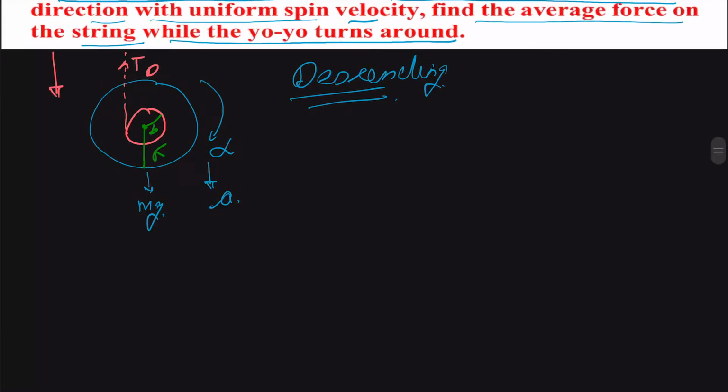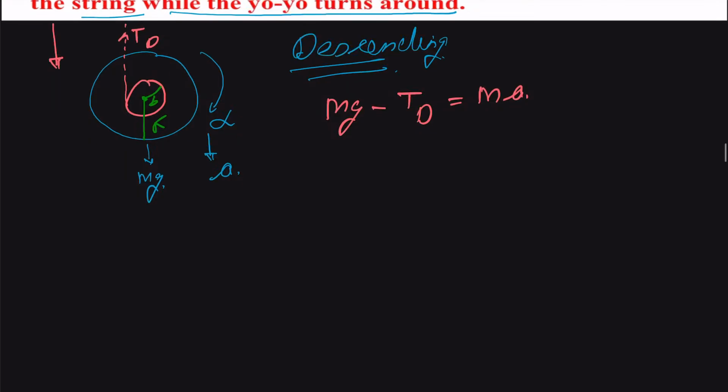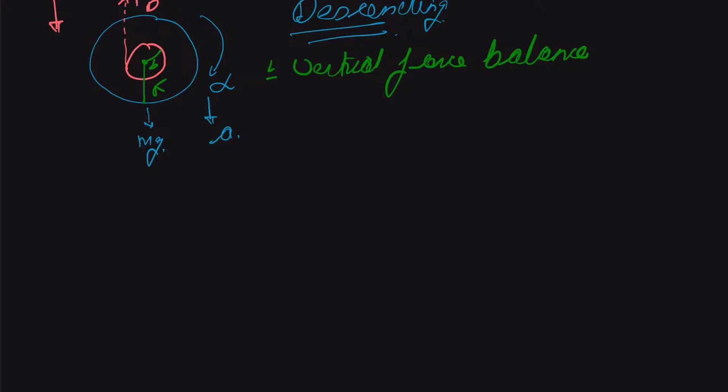In case of descending, let us write a vertical force balance: mg minus T d is equal to m a.